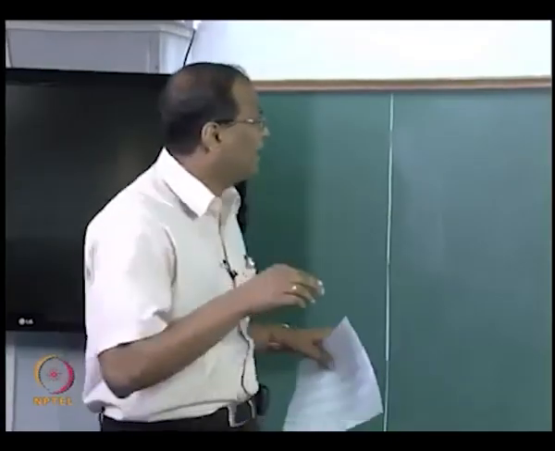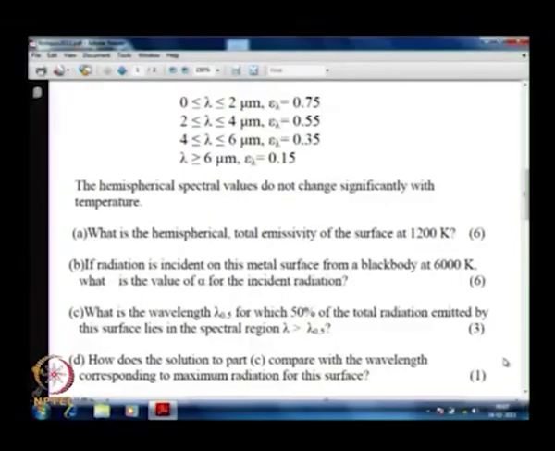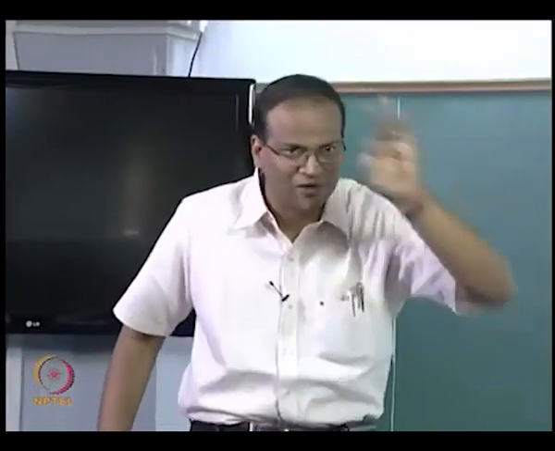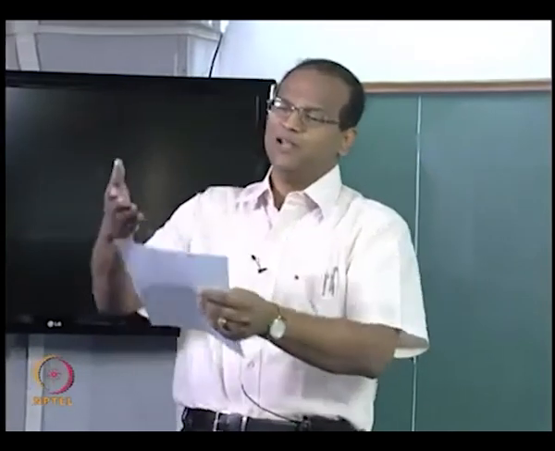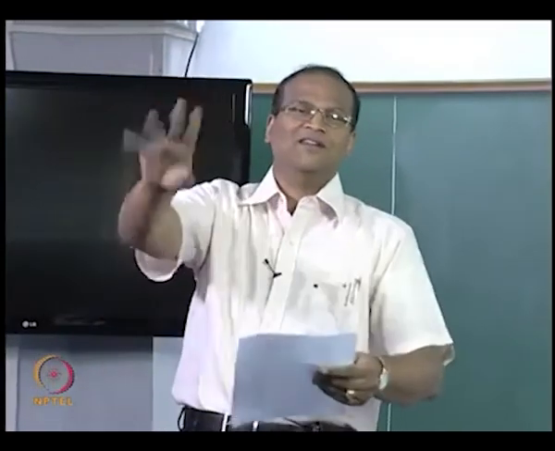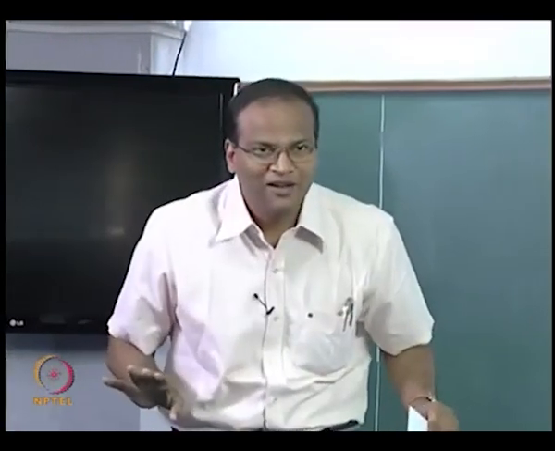But the point now is that this surface has a funny distribution. Though the f function remains the same as for a black body, its contribution varies in the various wavelength bands, because epsilon 1 is not equal to epsilon 2 is not equal to epsilon 3. So you must first understand the futility of simply taking 0.5 in the last column and saying this is 50%. Are you getting the point?